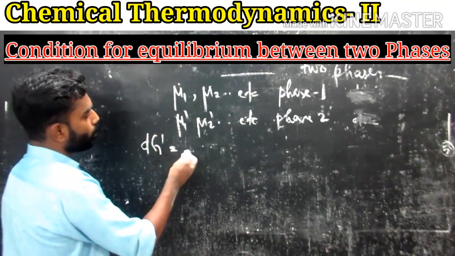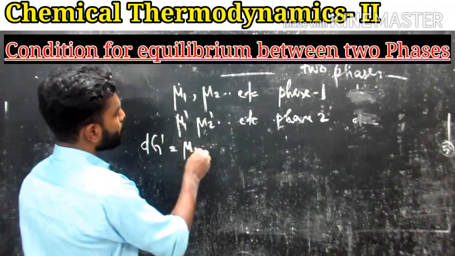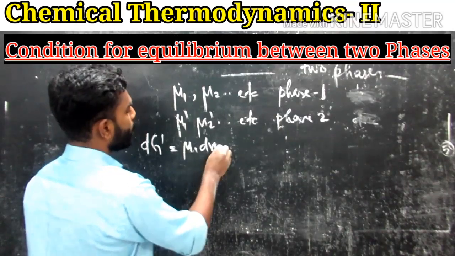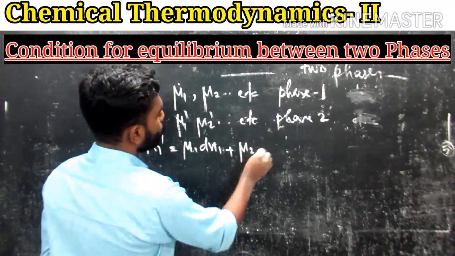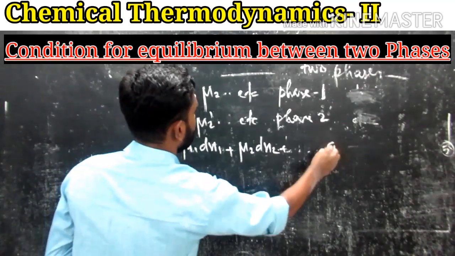dG1 is equal to mu1 dN1 plus mu2 dN2 plus etc. This is equation 1.